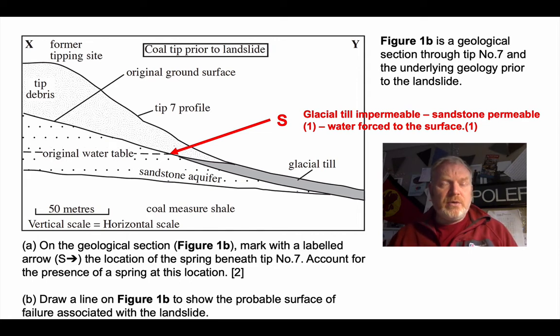Number 7 tip, though, had been built on top of that spring. The failure surface then would have looked something like this. That water is going to undermine the base of the tip, and we end up with a rotational failure as a result.